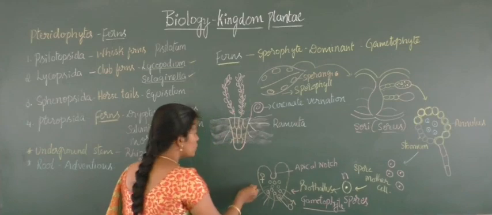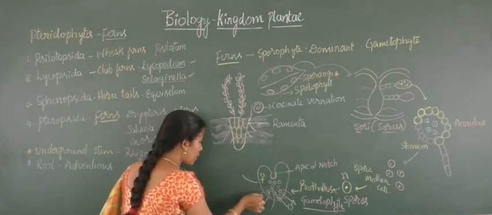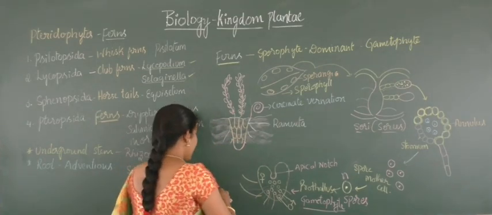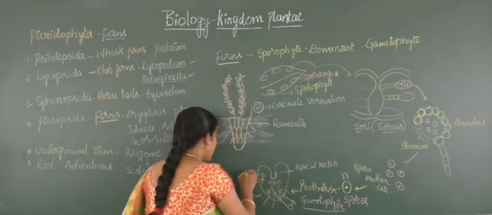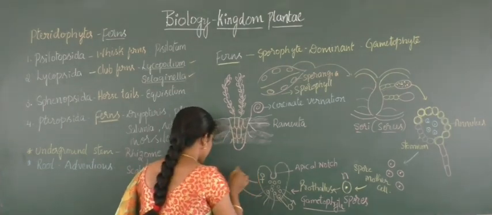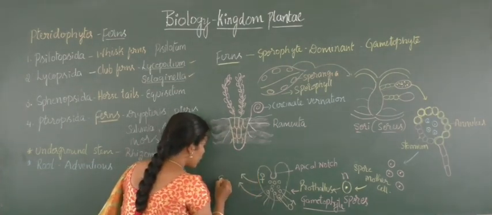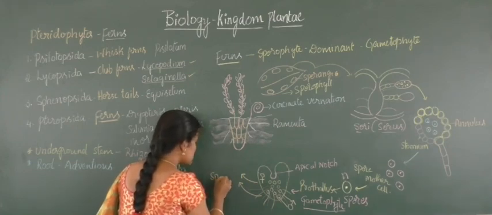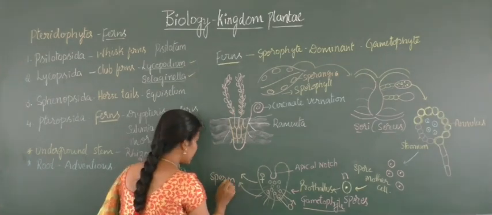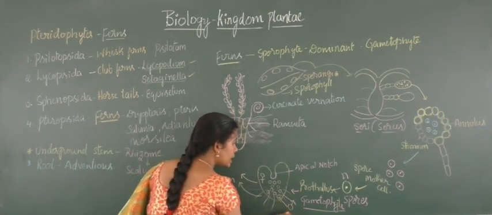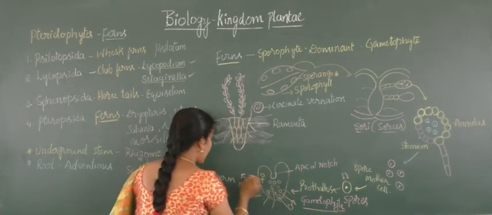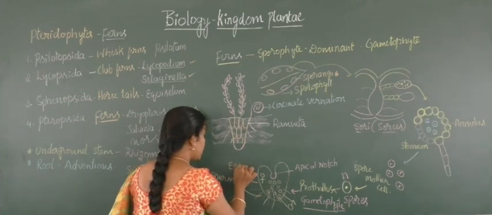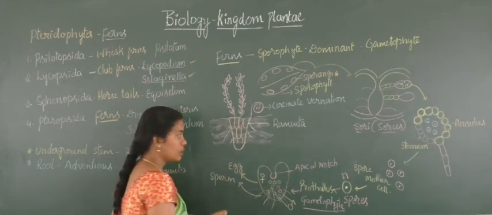Later these develop into separate gamete structures, sperm or male gamete from the male gametophytic portion and egg from the female gametophytic portion.